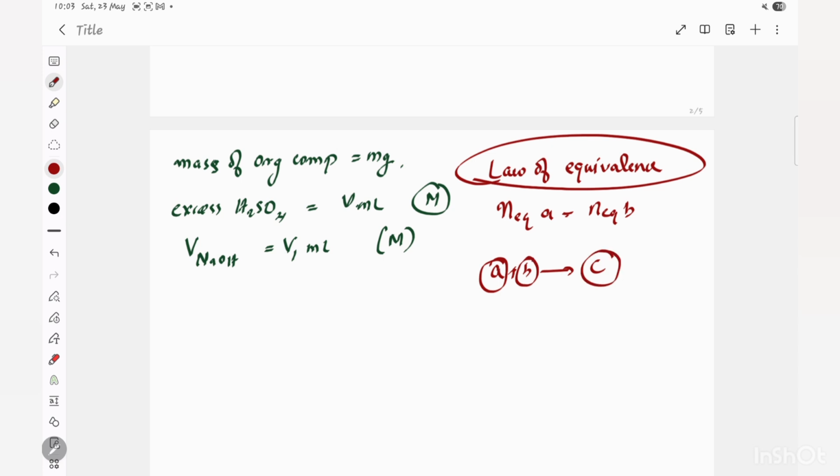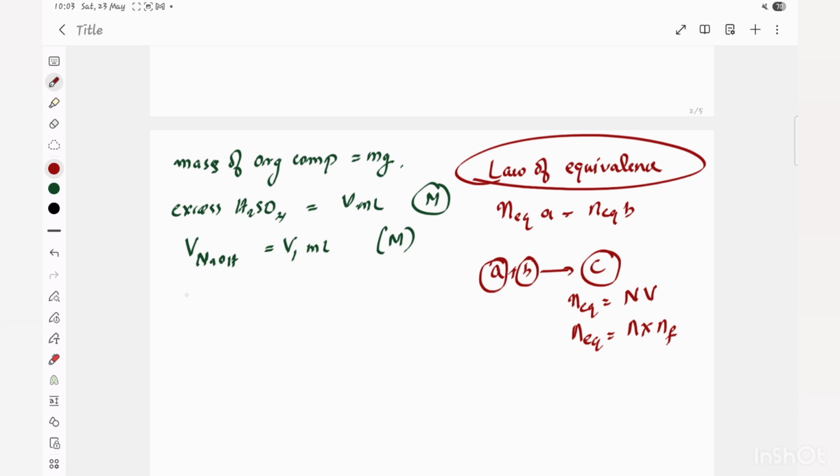You must have studied this in redox reactions, it is easy. You just need to know the basics of N equivalent. N equivalent is equal to normality into volume, that is one equation. N equivalent is also equal to moles into N factor. These two things we know, right? Using that we are going to do this.